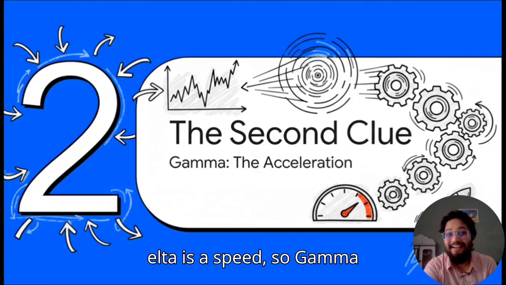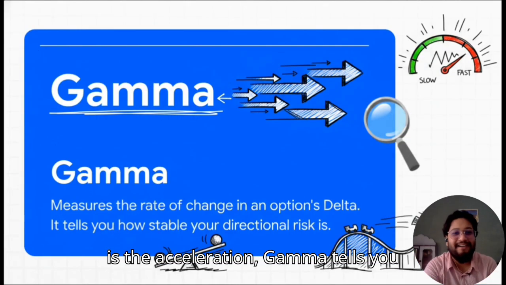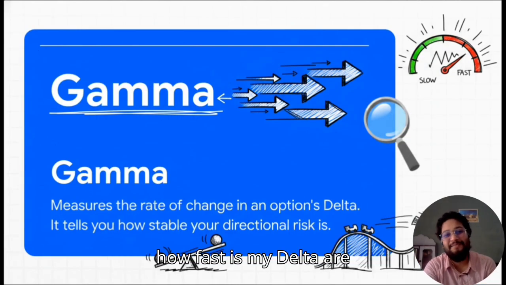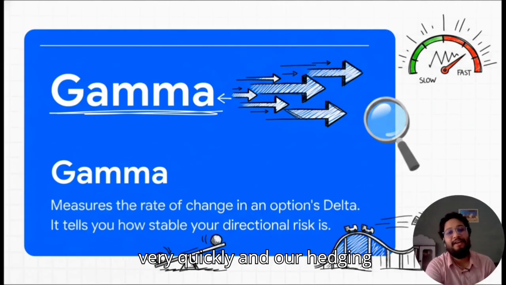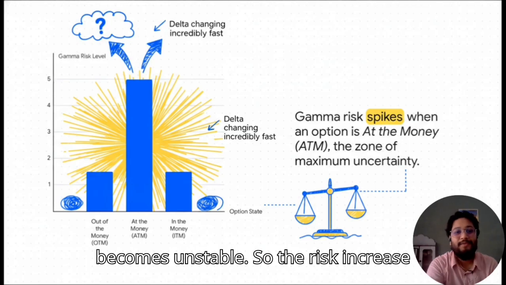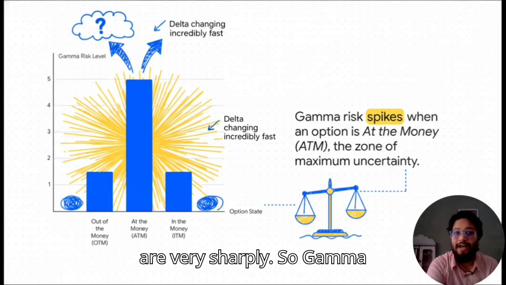If delta is the speed, gamma is the acceleration. Gamma tells you how fast my delta is changing, right? So delta can flip very quickly and hedging becomes unstable. So the risk increases very sharply.